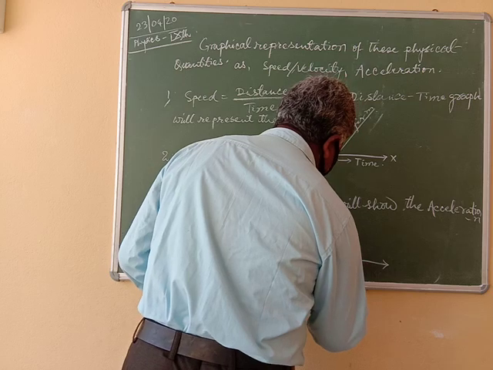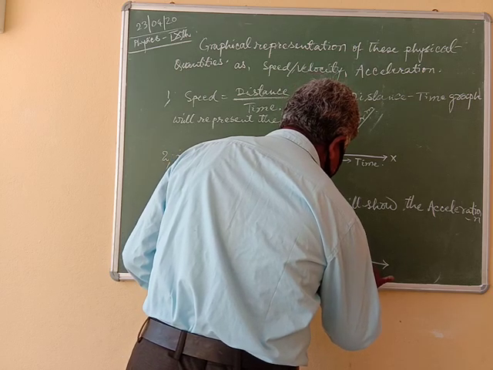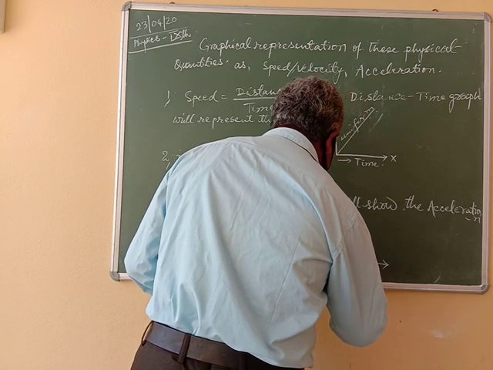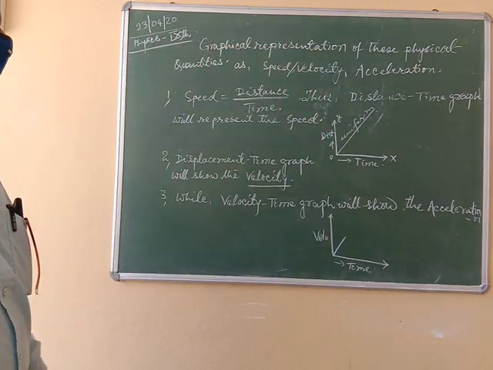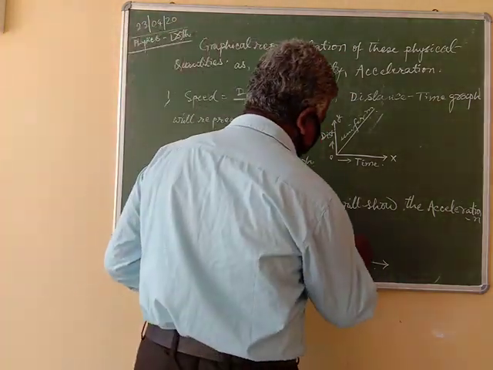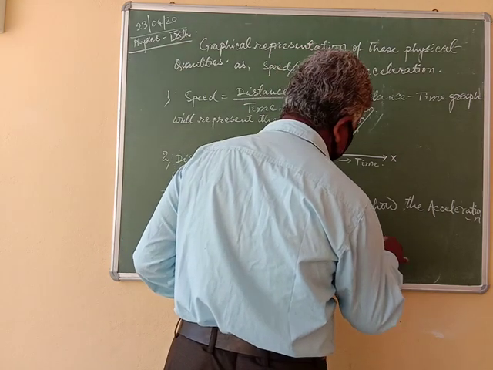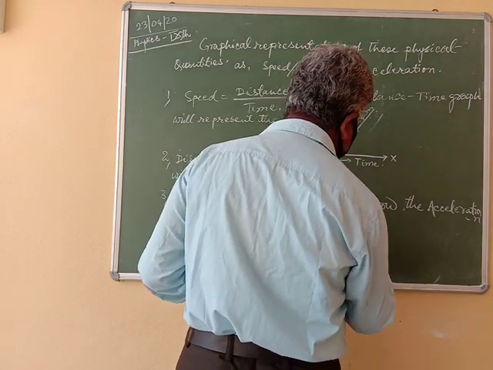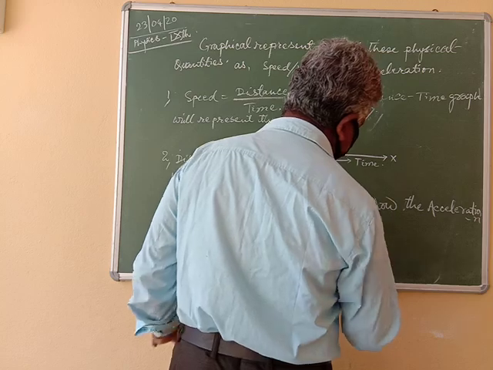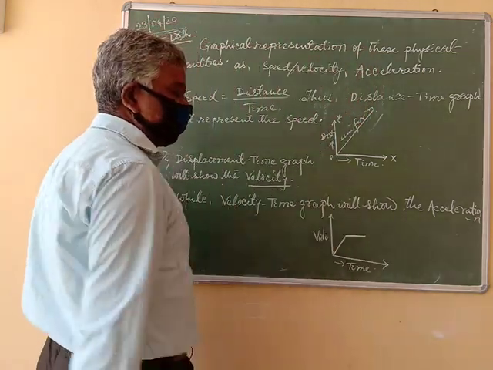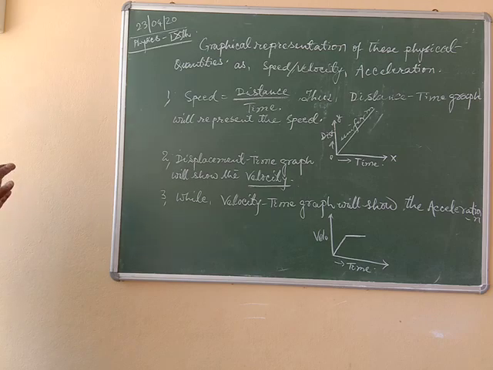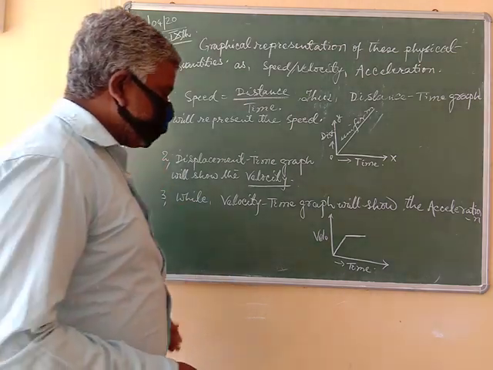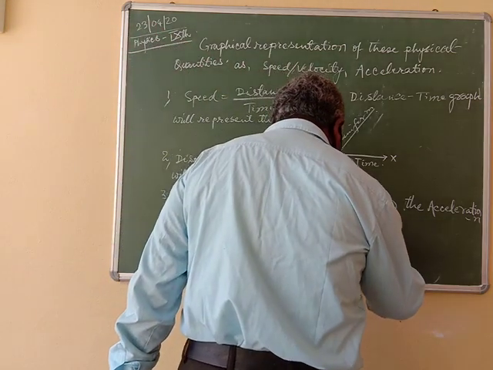Suppose it starts from here, this is the time, it accelerates, and after some time it becomes constant. This is the constant. It means acceleration becomes 0, and then after it retards.